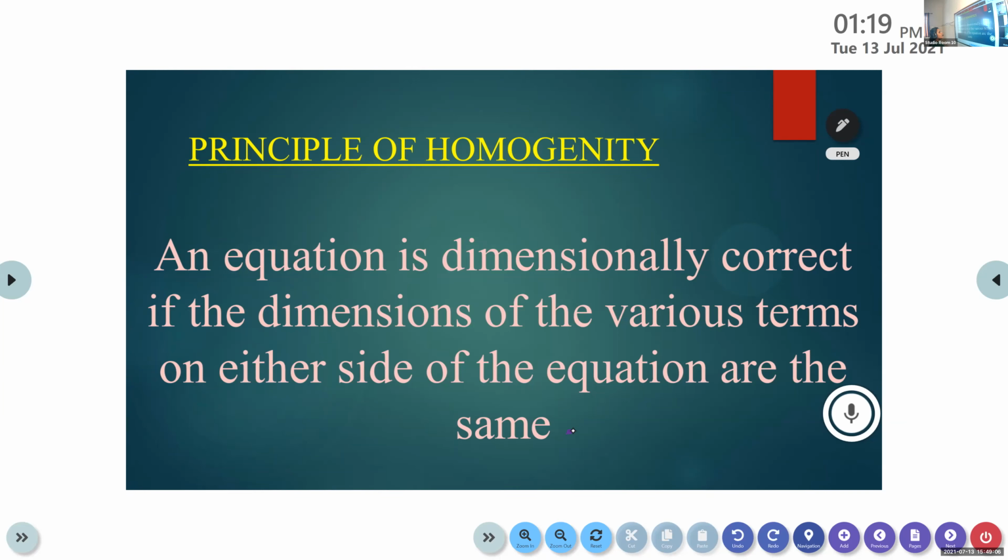According to the principle of homogeneity, an equation is dimensionally correct if the dimensions of the various terms on either side of the equation are the same.